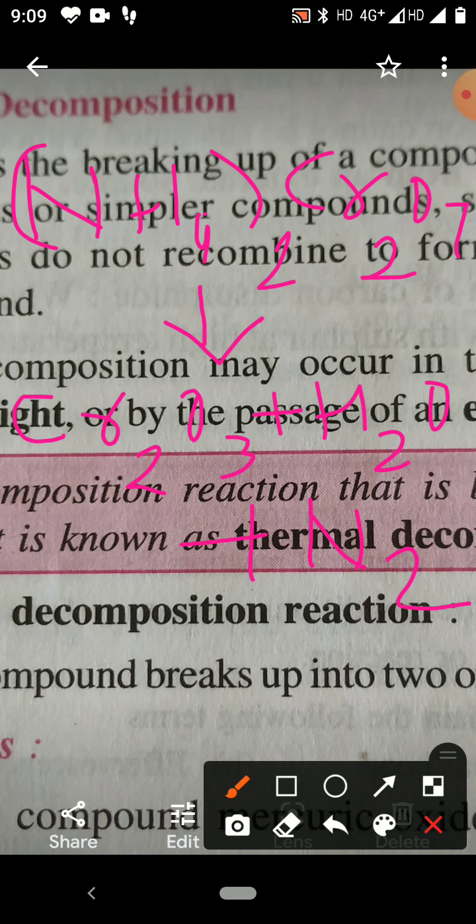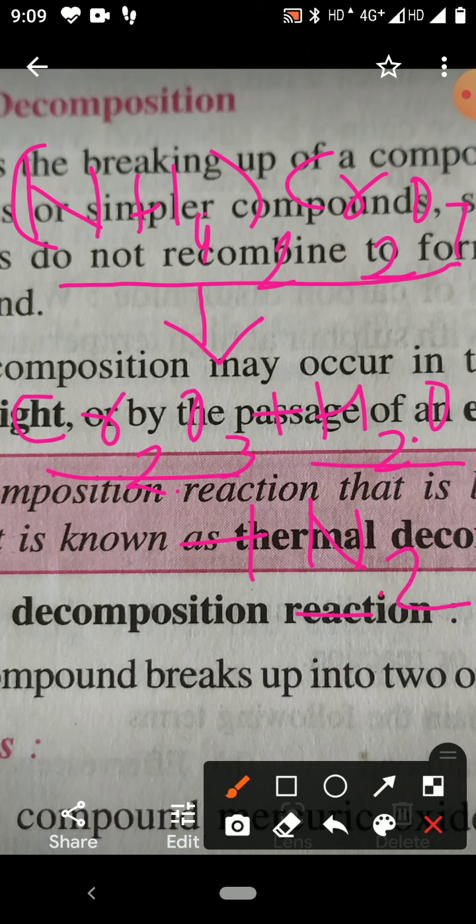So there, ammonium dichromate (NH4)2Cr2O7 is going to break into chromium oxide, Cr2O3, water and nitrogen. Their reactant is only ammonium dichromate, but products are two compounds and one element.